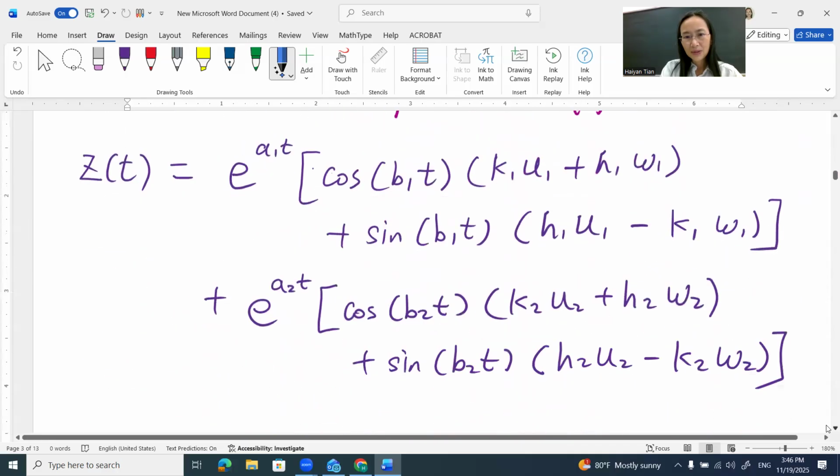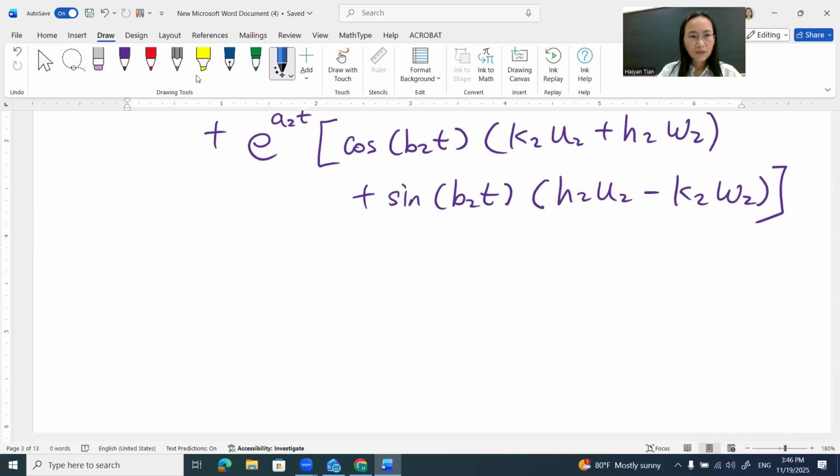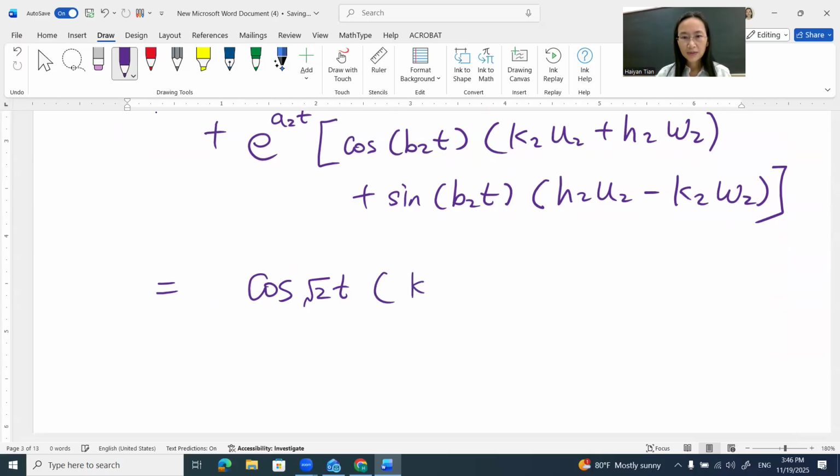With that form, all we need is to substitute the values. The first is e to the a1 t. A1 is 0, so basically this is 1, and we don't have to write it. So we only have cosine b1 t, where b1 is the square root of 2, times k1 u1. What is u1? U1 is that vector. And then h1 w1, where w1 is the other vector.